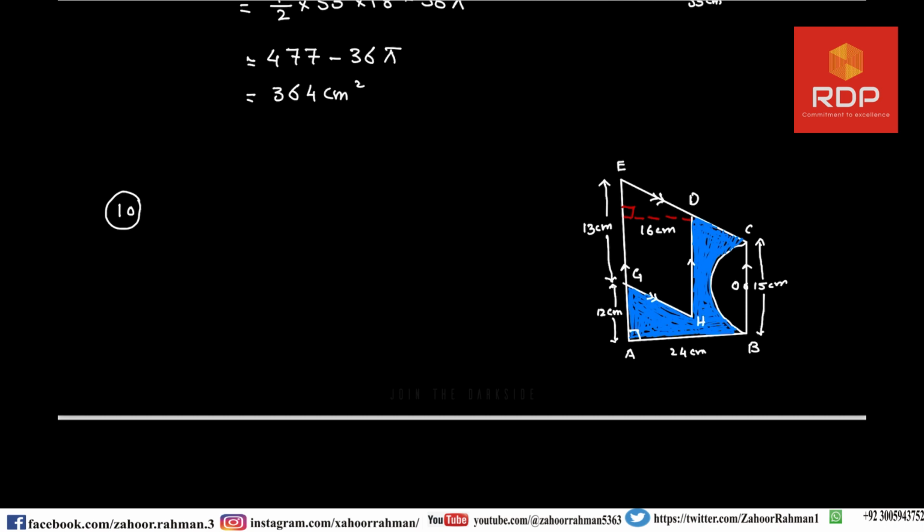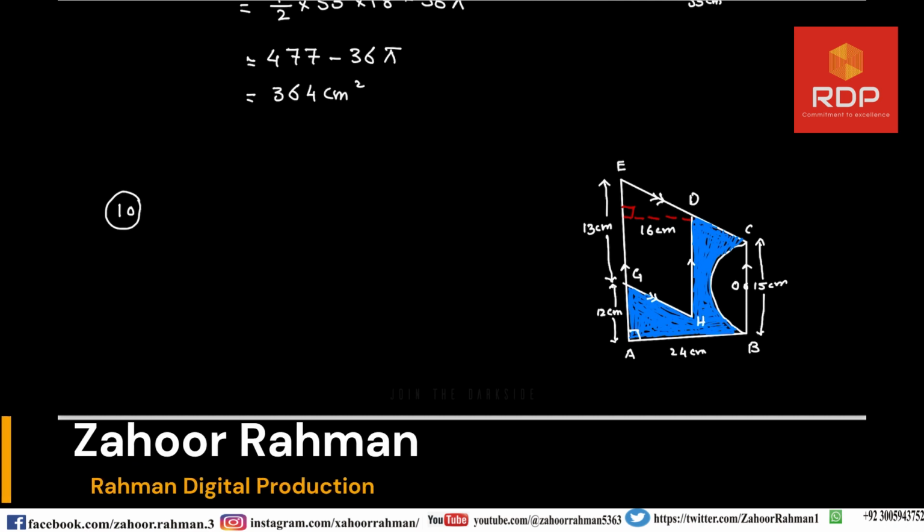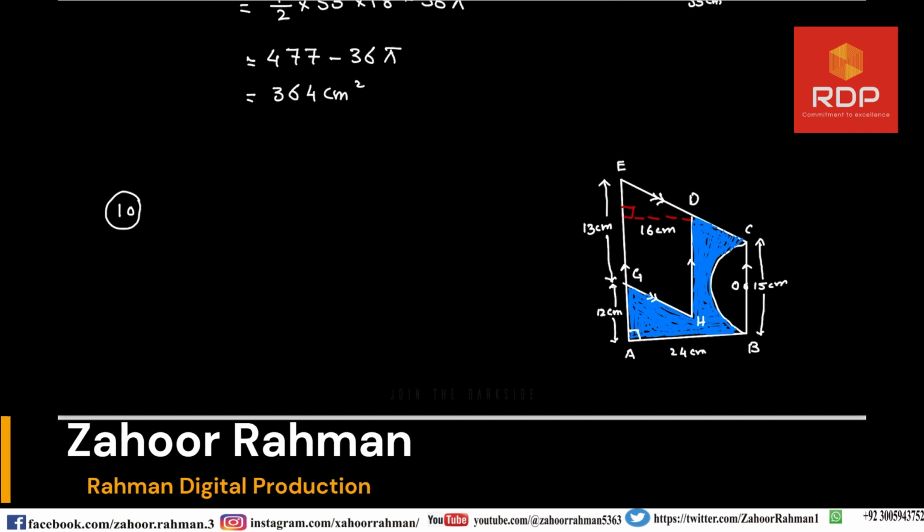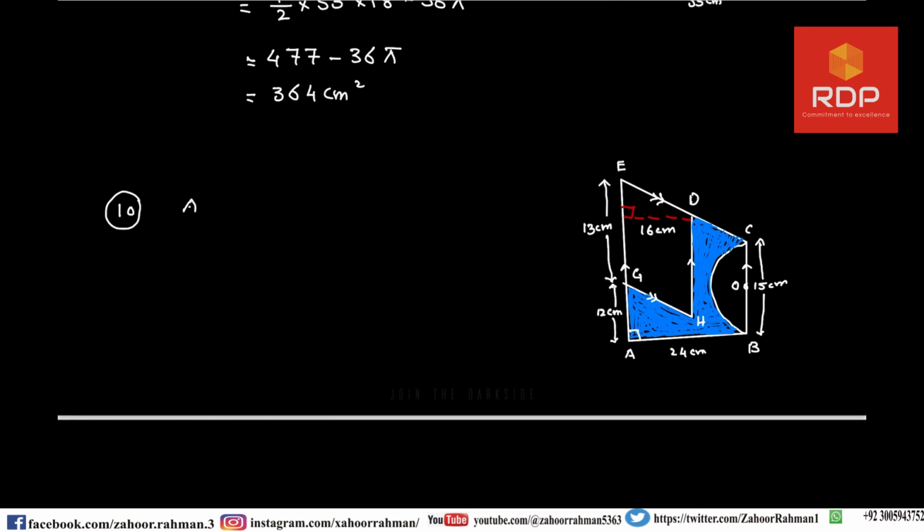So first of all, there is a trapezium, which is ABCE. So the area of the figure will be something like this.